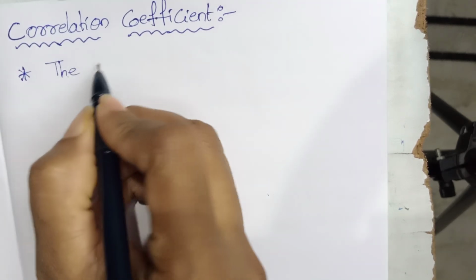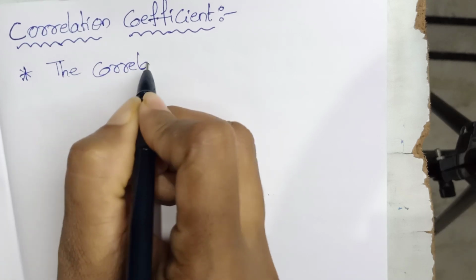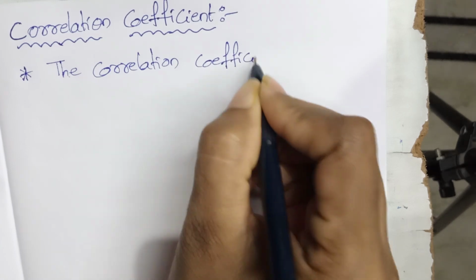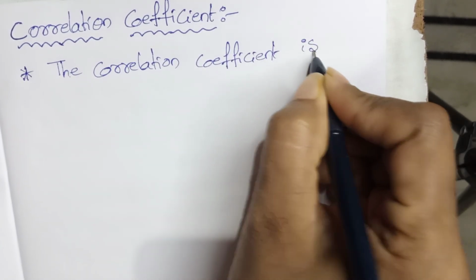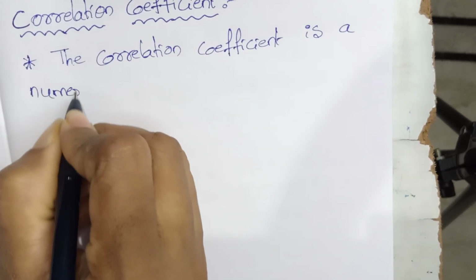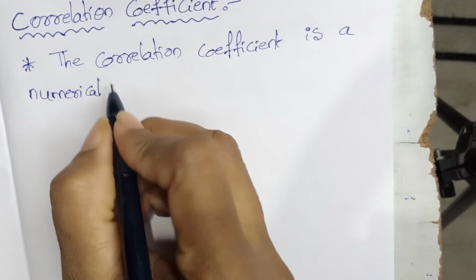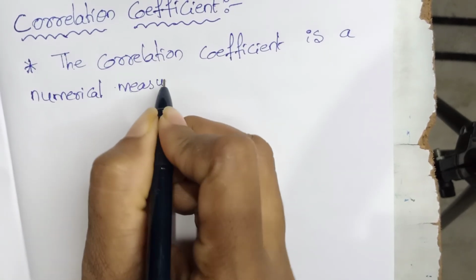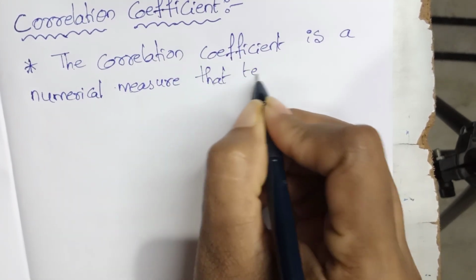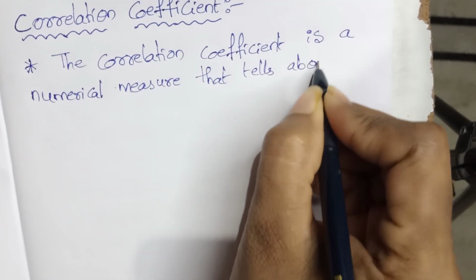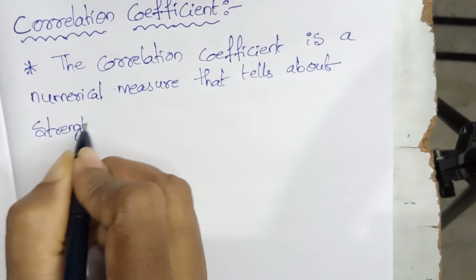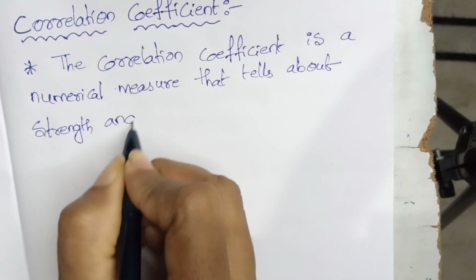So the first point is: the correlation coefficient is a numerical value, a numerical measure we can say, that tells about strength and direction.